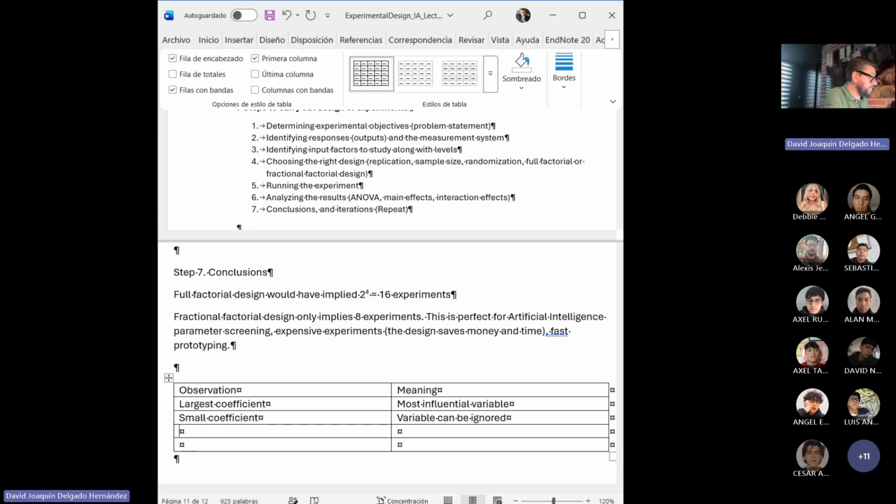And then a high R square is a good predictive model. Finally, the reduced runs, well, are design of experiment efficiency.